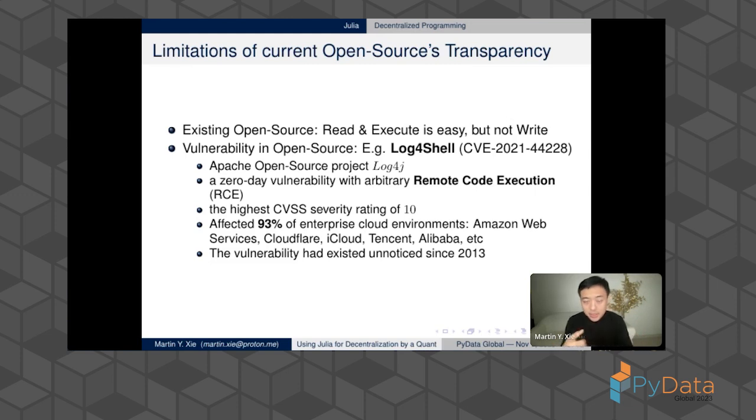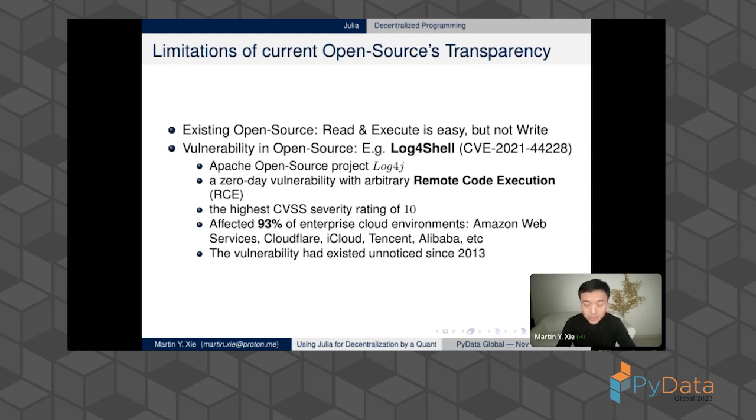You can read the details here; I'll just give you some brief information. This vulnerability is very serious, it has the highest severity ranking. It allows remote code execution, and it's very widespread. It actually affects 93% of all enterprise cloud environments like AWS, Cloudflare, iCloud, Tencent, Alibaba, and so on.